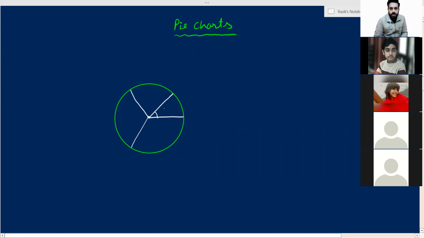So suppose let's name this party as party A. They got, suppose, 20% votes or 20% seats. Okay. Party B is going to get, suppose, 30% of seats. Party C is going to get, suppose 50, 50 तो कुछ ज़्यादा हो गए.